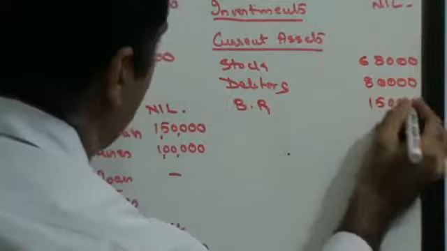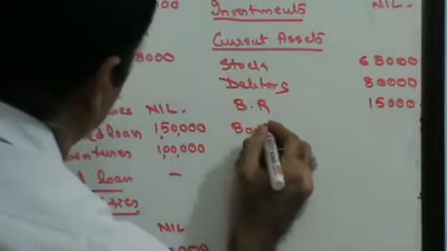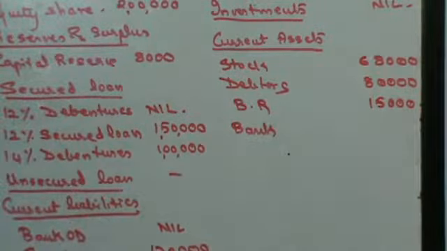Then you have bank. Right, let's see this. Bank on the credit side 35,000, so minus 35,000. On the credit side 40,000, so minus 75,000. Right. On the debit side 1,50,000, so plus 75,000. And on the credit side 65,000, so 10,000.